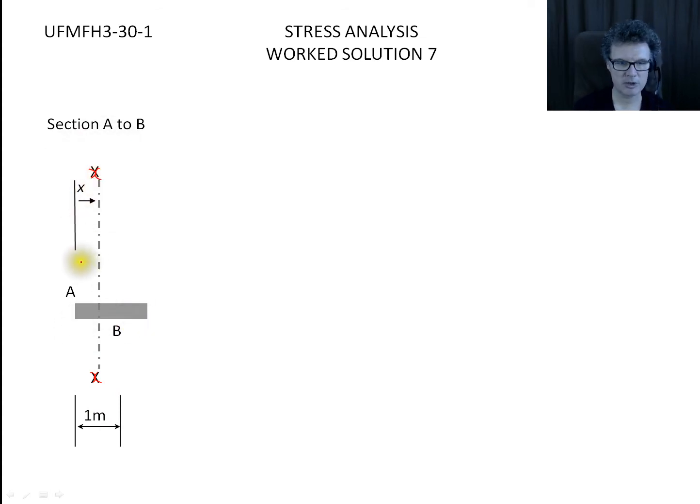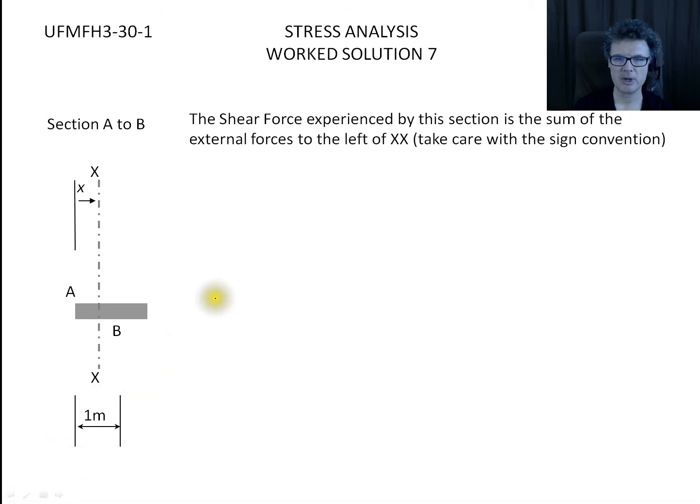So I'm in section AB, with this XX line there. The first thing we decide is how far it is to get from there. Well, that's almost by definition x. So we're an x distance away. What can we see left of us? Not much, to be honest. The shear force experienced by this section is the sum of the external forces to the left of XX.